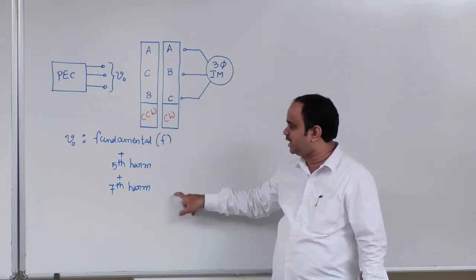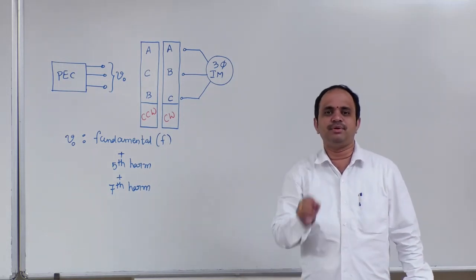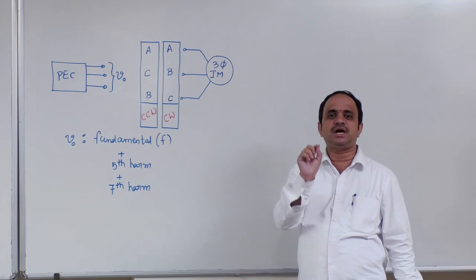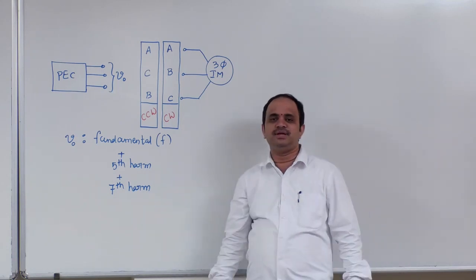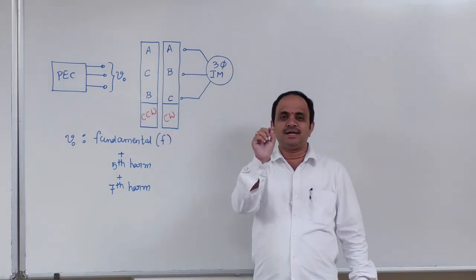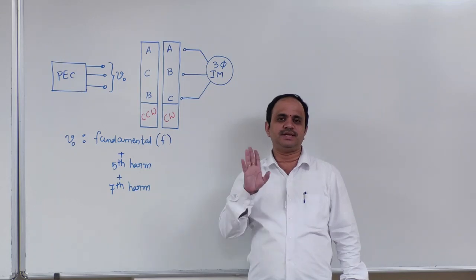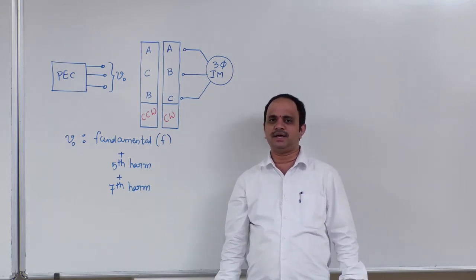Under that condition, the air gap magnetic field is not pure sinusoidal. It will have a distorted sinusoidal flux in the air gap. What do you mean by distorted? In the first lecture, I have shown in the waveform, Fourier series analysis. I think probably lecture 2 or lecture 3, you can recollect that.